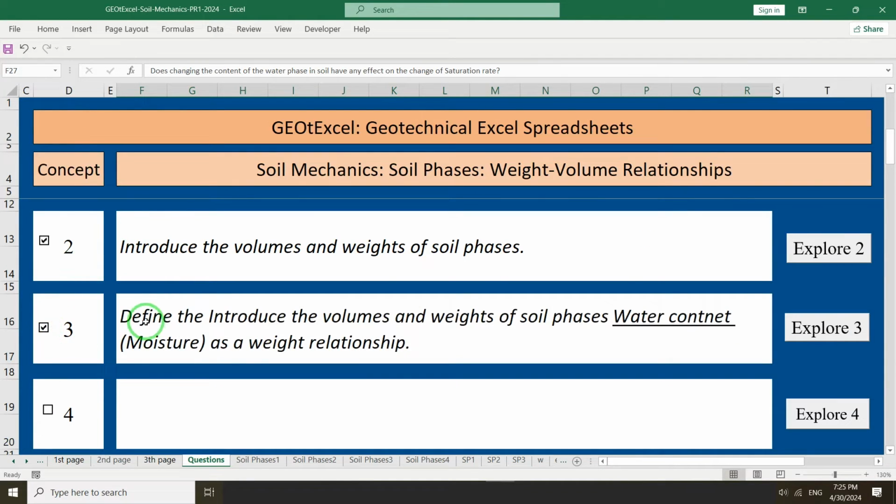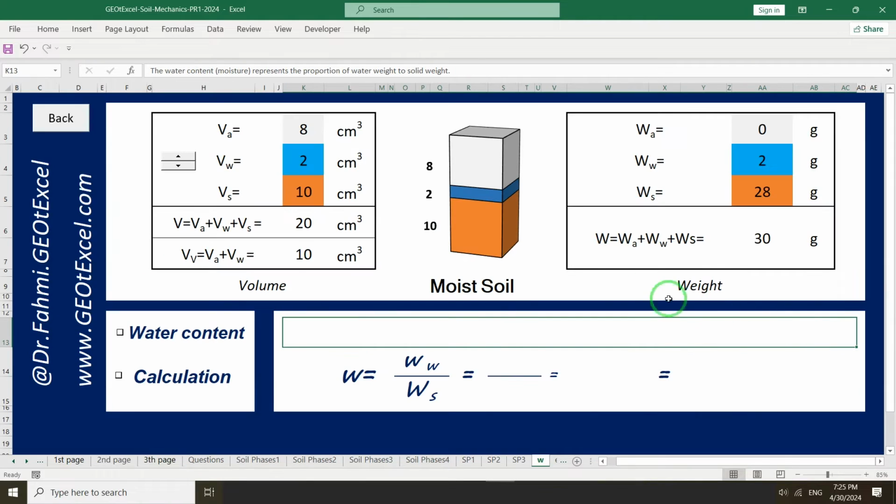Concept 3. Define and introduce the volumes and weights of soil phases, water content, moisture as a weight relationship. Explore 3. Water content. The water content, moisture, represents the proportion of water weight to solid weight.